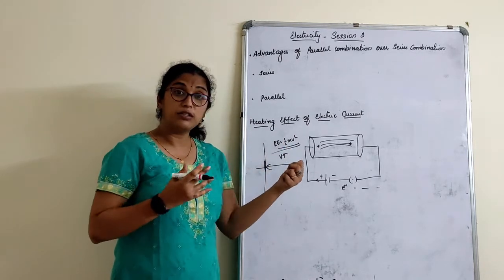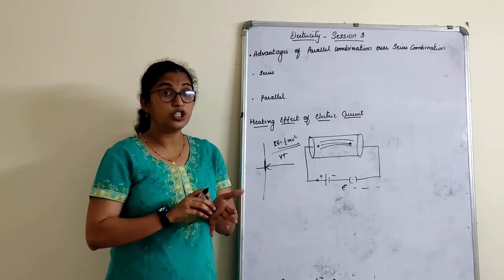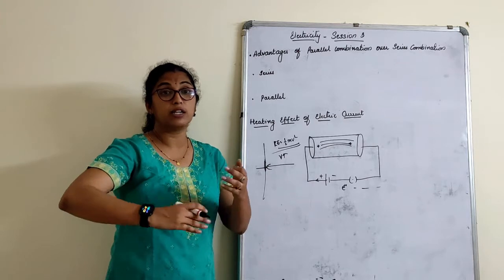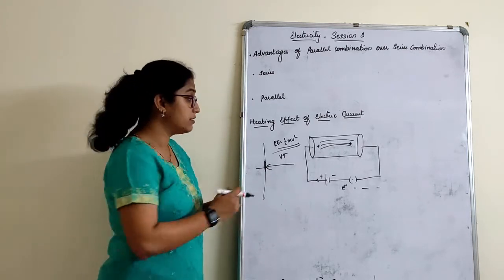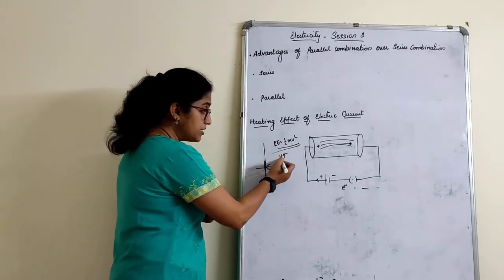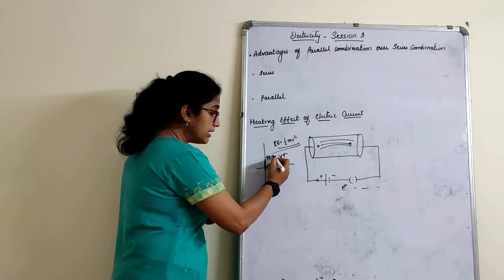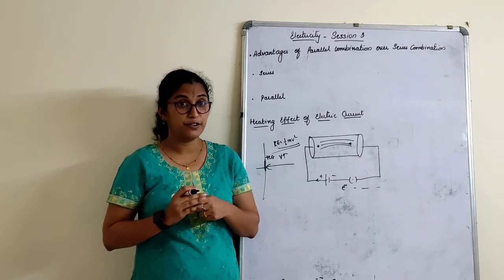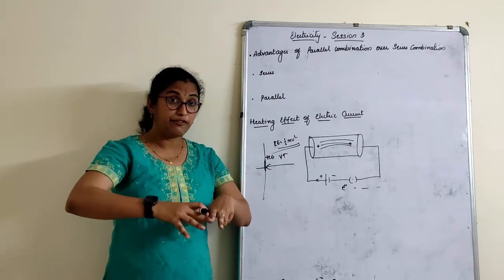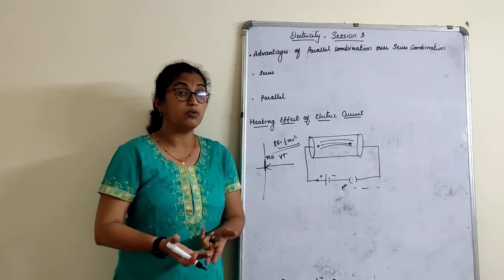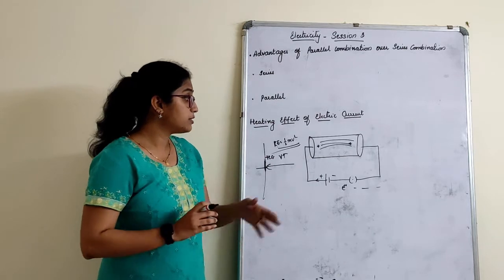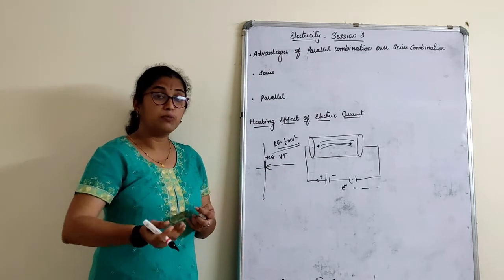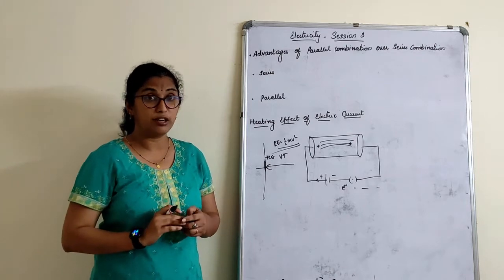Because of the law of conservation, energy is neither created nor destroyed. It can only be converted from one form to another. The kinetic energy is converted to heat energy. That is why we can see heat generated there. Energy from one form is getting converted to another form. That means the more the kinetic energy, the more the heat generated.